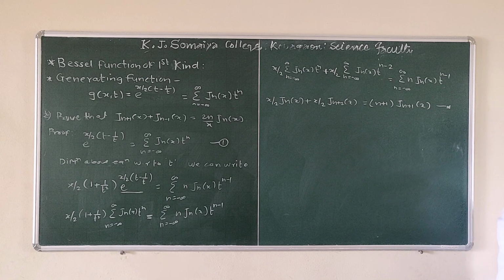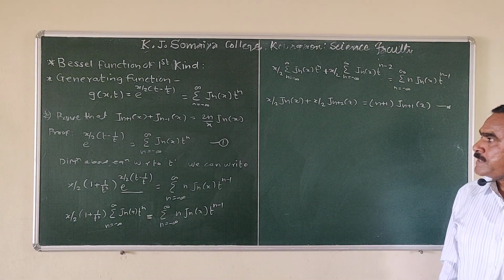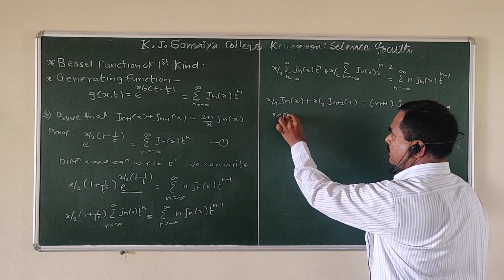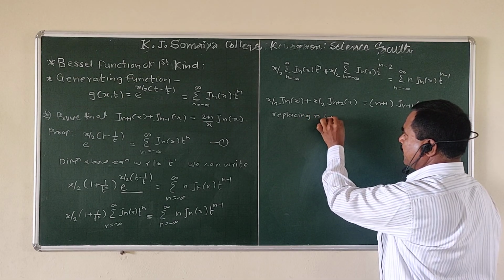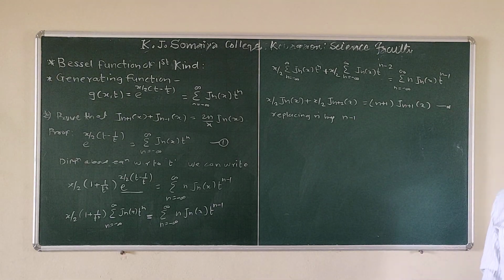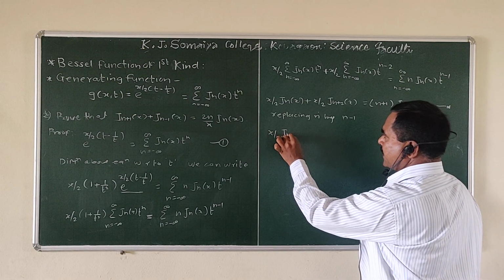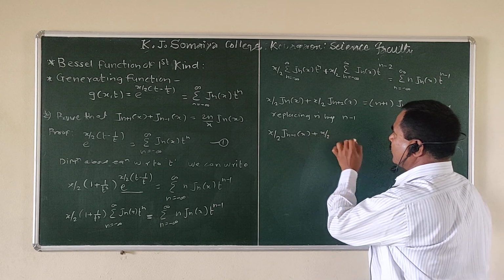Then in next step we replace n by n minus 1. So I'll write here, replacing n by n minus 1. So we make replacement here: x by 2 Jn minus 1 of x plus x by 2.